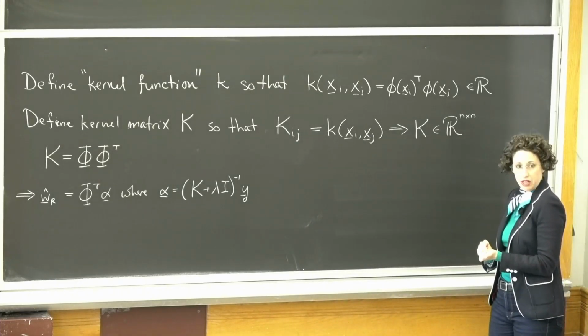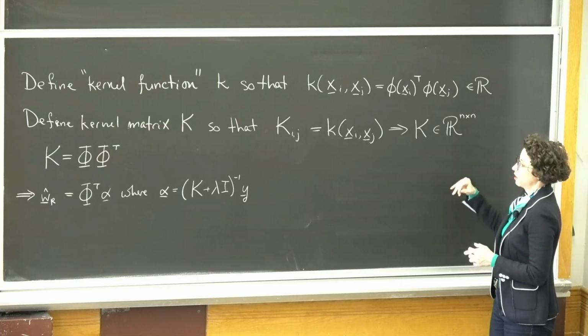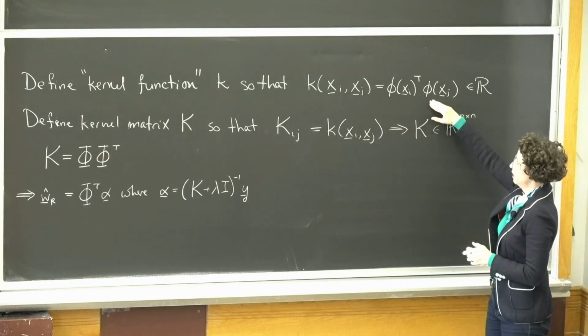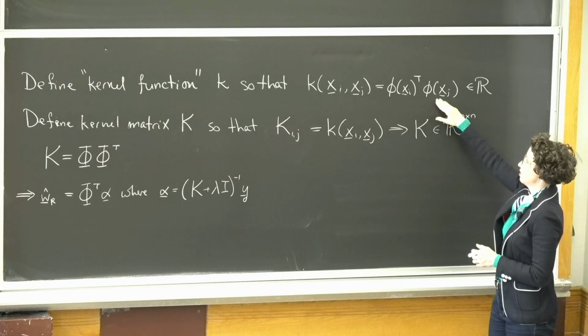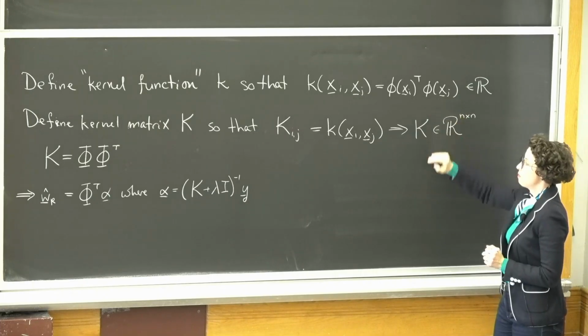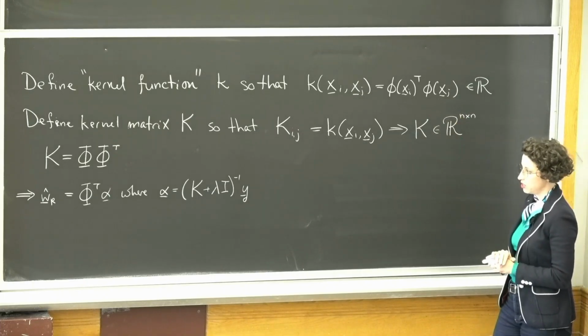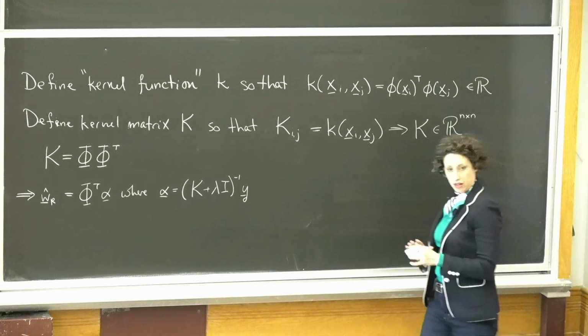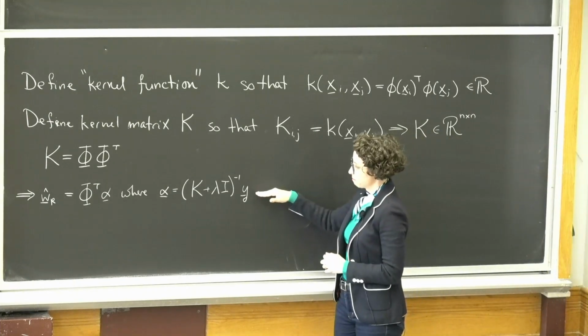So we could be in a setting where computing individual phi of x's is hard, but computing the kernel matrix is easy. And again, I'll show you some examples in a minute.